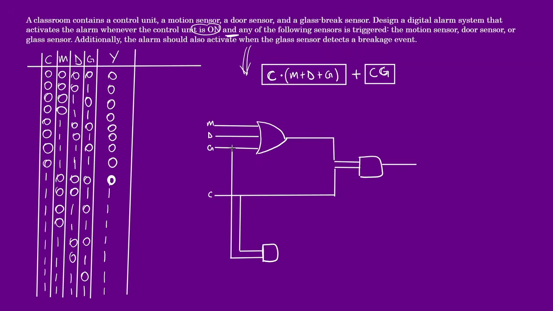Remember, it's always advisable to first highlight where this comes out, and then follow through with your labeling, so you're very sure of what goes where. So out of this comes M or D or G, and this becomes C and M or D or G. Out of this operation comes CG.